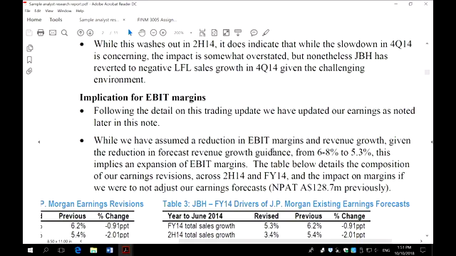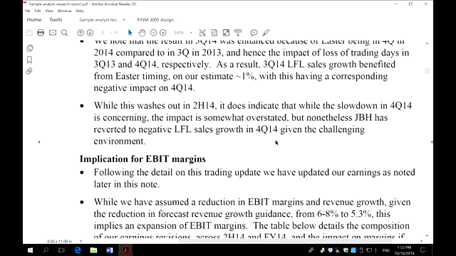That's the analysis of the JB Hi-Fi EBIT margin following the recent development of the company, the earnings revision, the slower sales growth forecast by the company, and that margin is the main catalyst.